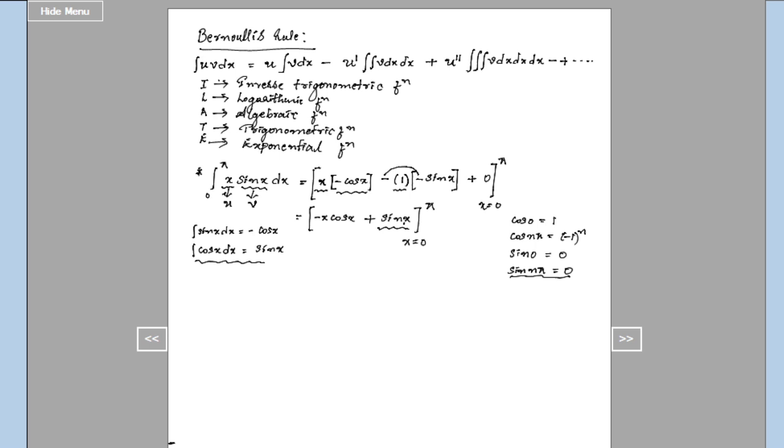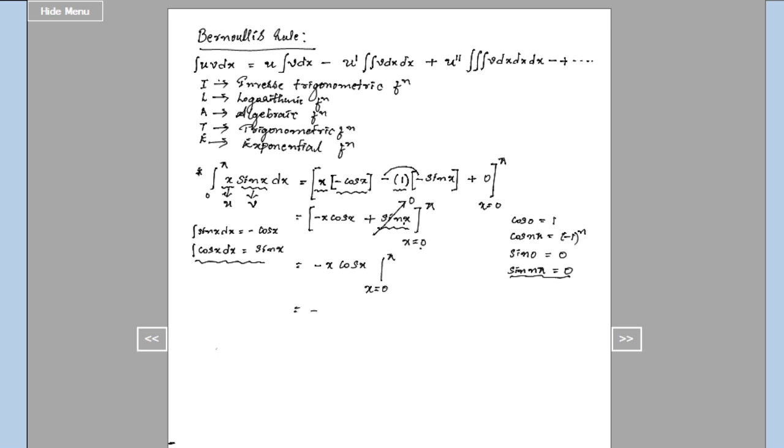Minus the lower limit, where x equals 0, sin 0 is 0. So upper limit minus lower limit terminates to 0. You are finally left with minus x cos x, with limits x equal to 0 to pi.